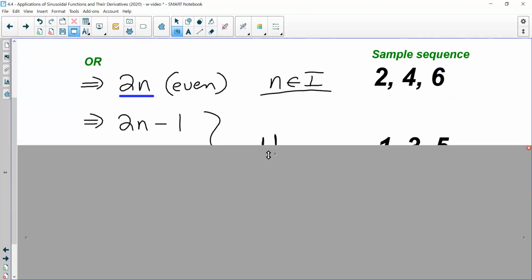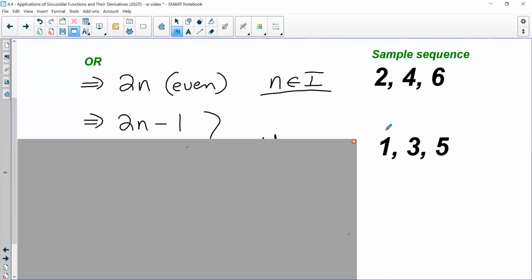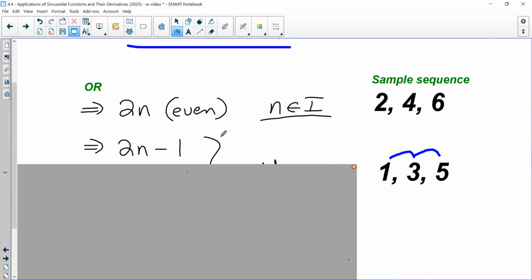And if you have an odd set of numbers, like this one here, 1, 3, 5, again, you could use this formula up at the top. Common difference would be 2, again. Or you can think of it this way. Any integer multiplied by 2 will give you an even number. If you subtract 1 from an even number, you will always get an odd number.